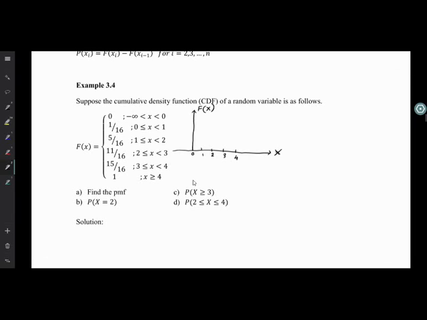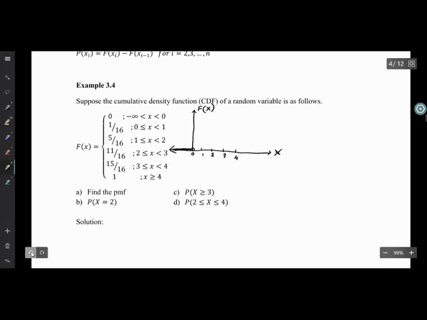From negative infinity up to 0, capital F(x) is 0.